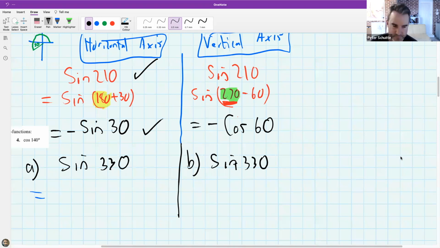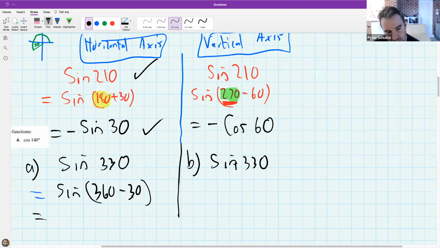So I think you should say that sine 360 minus 330, which will then give you 30. And then... Wouldn't you rather say 360 minus 30 to get 330? Do you know what I mean?